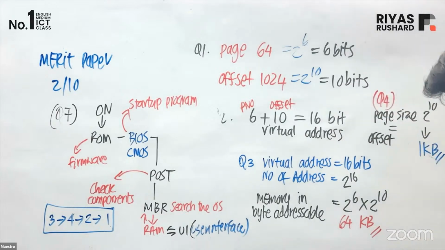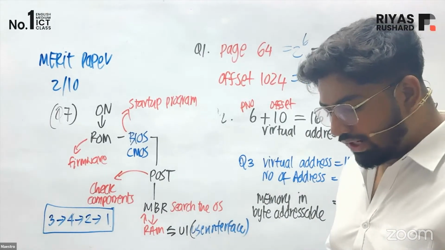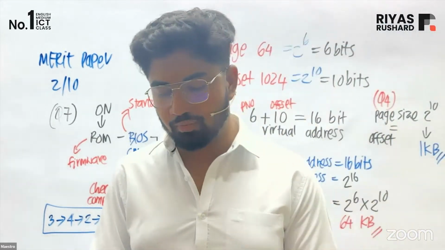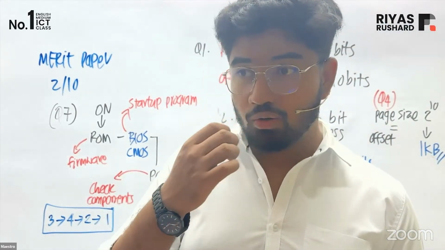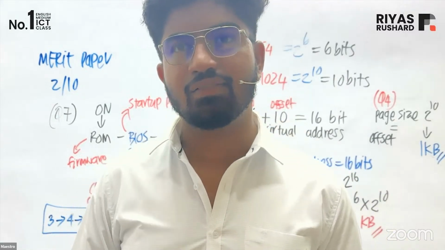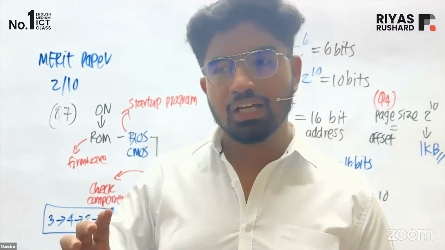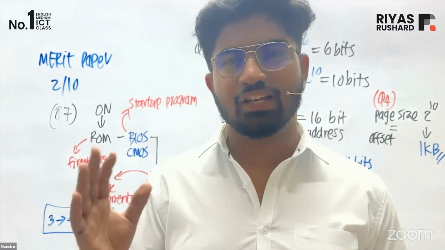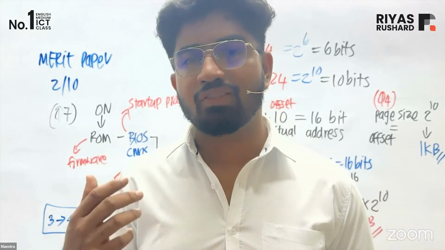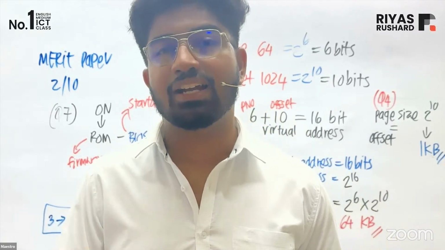Okay, so the next thing is going to be, why can't the BIOS configuration information be stored on a ROM chip instead of CMOS? Now, ROM is a permanent, non-volatile memory where you can hold data even when there is no power. That's not an issue. But it's a permanent memory where you cannot alter data.